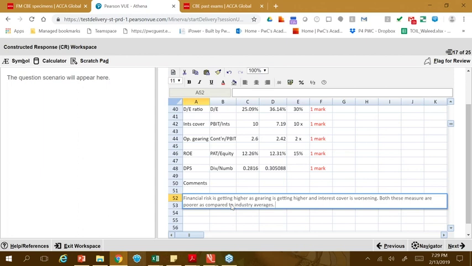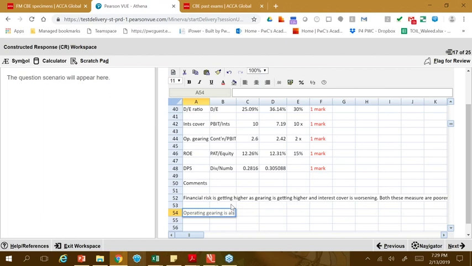Then about the operating gearing, we can say operating gearing is also falling, which suggests that business risk is decreasing slightly.